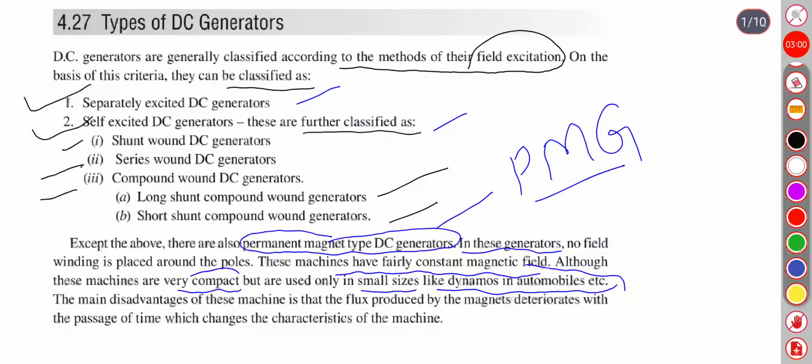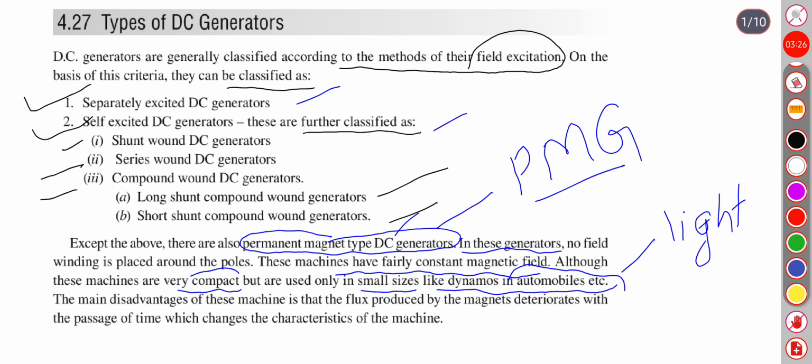In automobiles, to charge the battery and to supply power for lighting, dynamos are used, and dynamos are nothing but permanent magnet type DC generators.